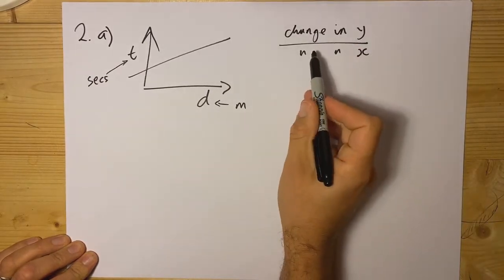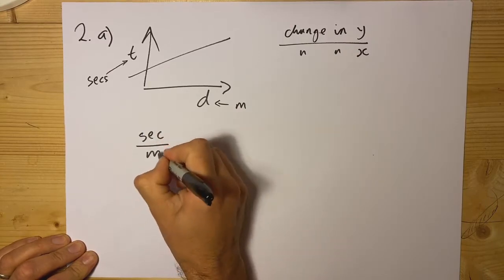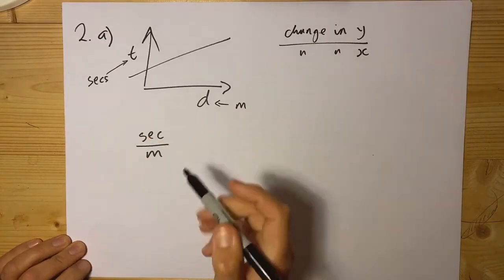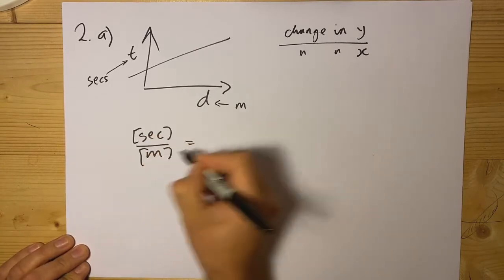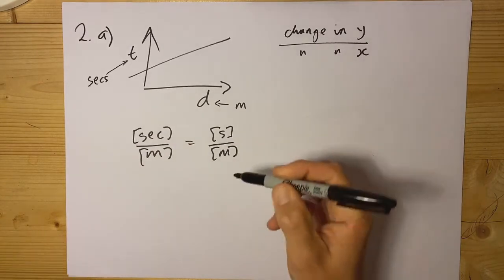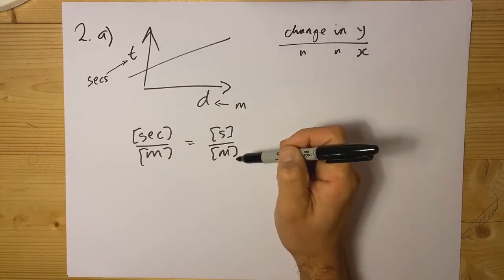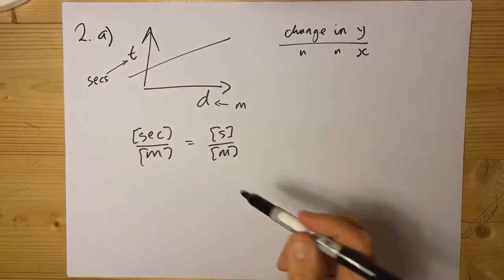So the units of the gradient would be seconds divided by meters, or s divided by m. Let's put our square brackets around here to remind ourselves that these are units. So s over m in our standard notation. So seconds per meter. Normally, if we think about speed, that would be meters per second. That would be as if the graph were flipped around the other way.